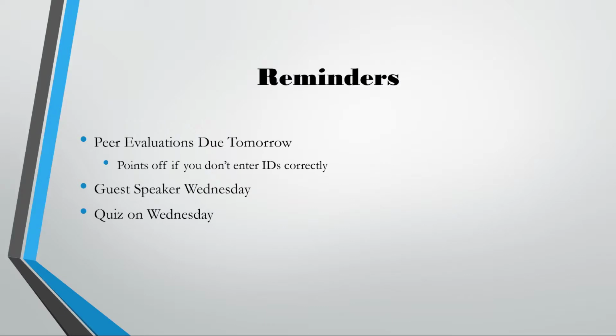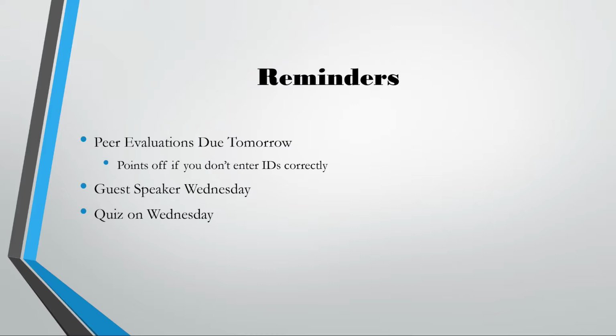All right, so anyway, some reminders before I go. Be aware of the peer evaluations that are due. There are going to be points off if you don't enter IDs correctly. As a reminder, it's got to be the email without the @psu.edu.